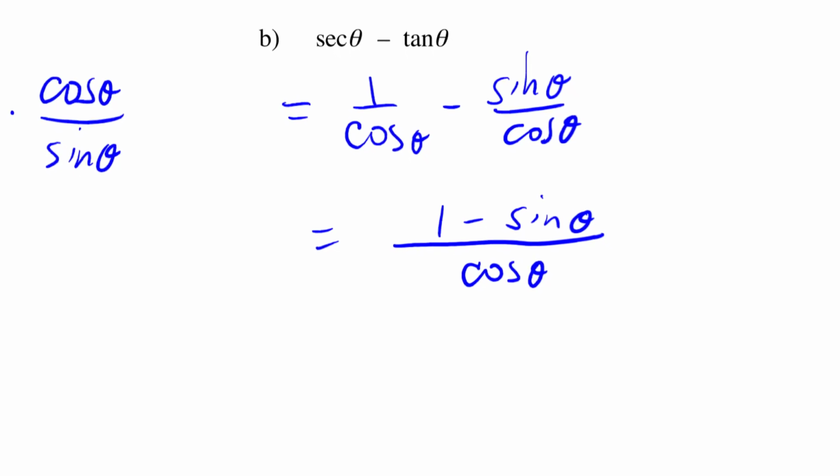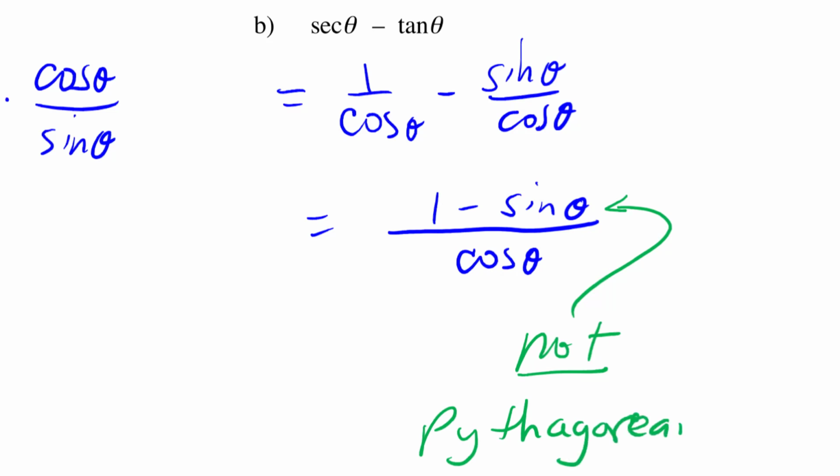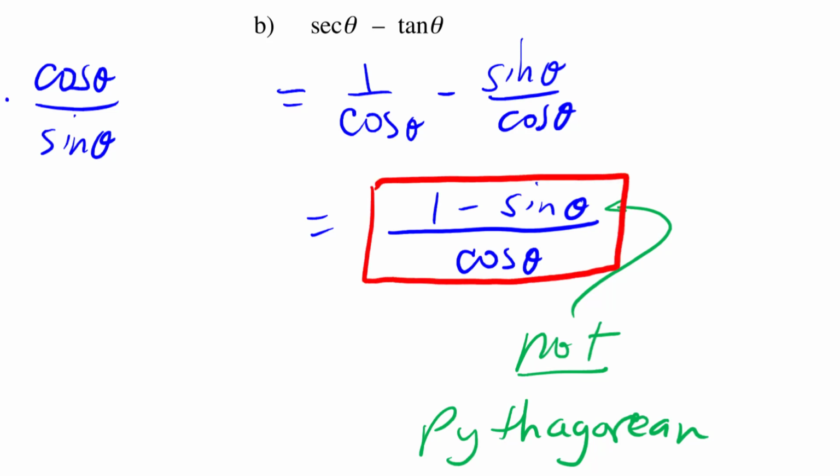We can't do anything with that to simplify. And by the way, 1 minus sine theta is not Pythagorean. It looks a little bit like one of the Pythagorean identities, but it's not because sine is not being squared. All the Pythagorean identities have something squared. Actually, every term is being squared. So this is it. It's simplified. And now to the next example.